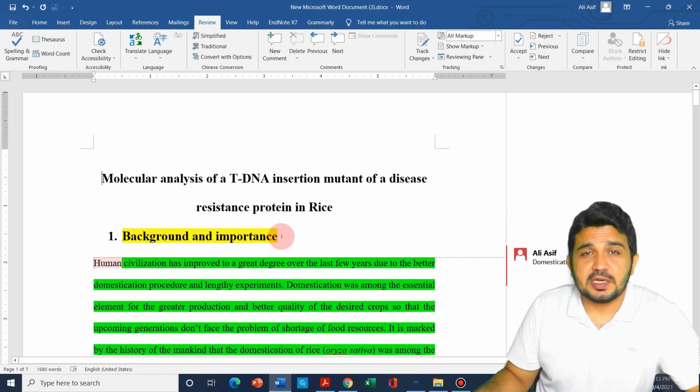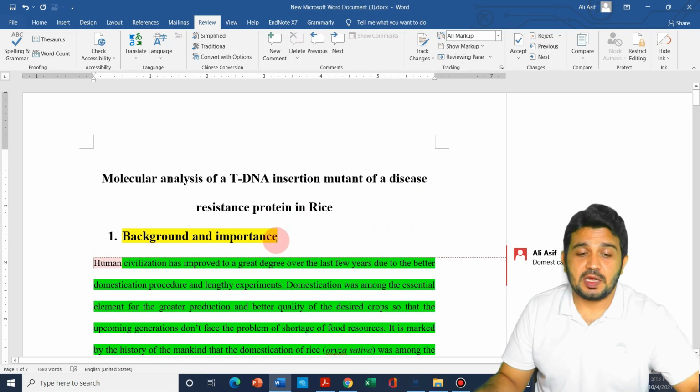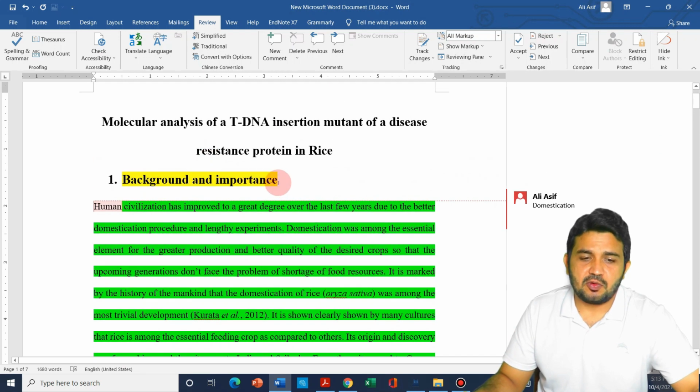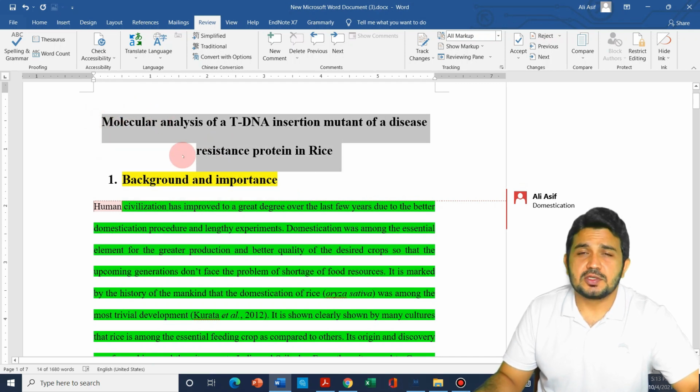The first and important heading is background and importance. While writing background and importance, we should look at what our research title is. We can see that it is related to the molecular analysis of a tDNA insertion mutant of a disease resistance protein in rice.